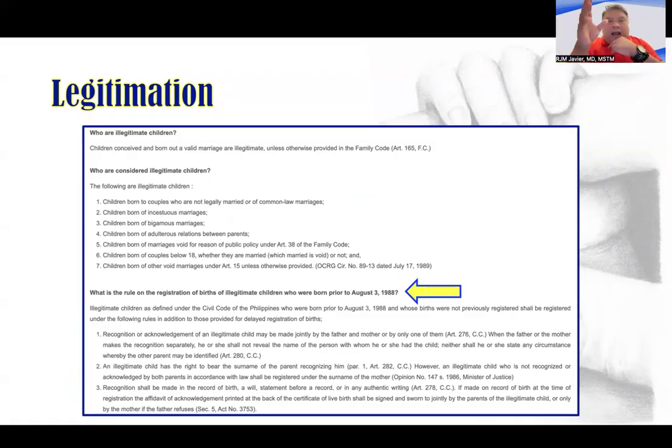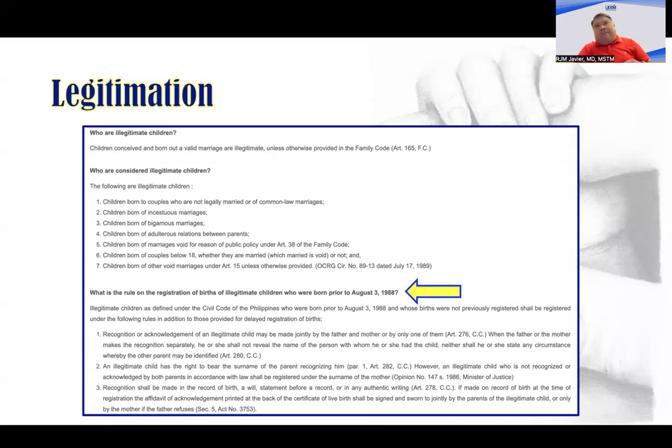There are, let's say, living-in arrangements. We call these common law marriages. Nag-live in lang. Or it's a child born out of incestuous marriage, bigamous or adulterous relationship.